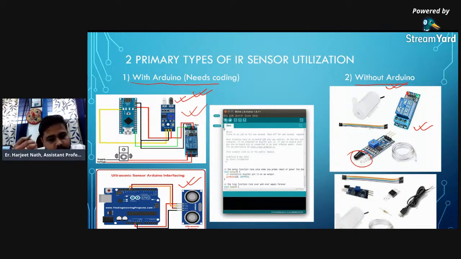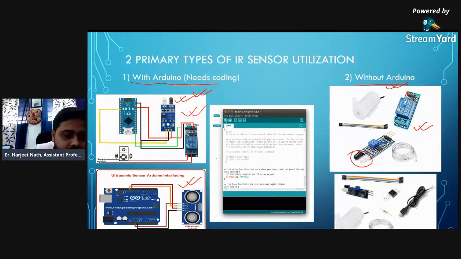Now let me give you a small hint about what is meant by Arduino. Arduinos are a group of microprocessors and microcontrollers connected in the form of a circuit, equipped with a set of digital and analog input output pins, and they can be interfaced very easily with the help of USB based devices.